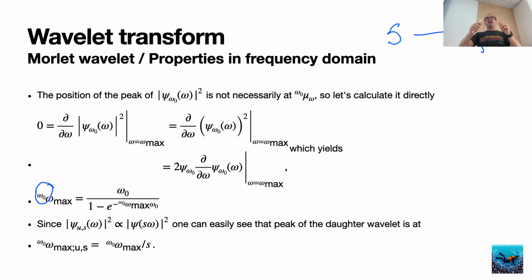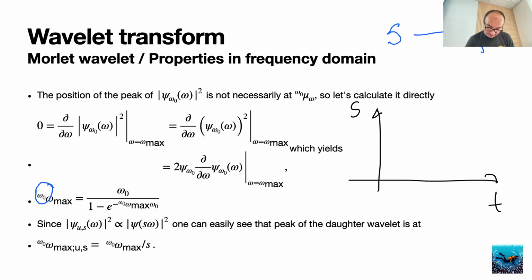And if I take the red wavelet, just to draw it, let's draw it like this. If this is time and this is scale or frequency, if I use the red wavelet on scale 10, there will be frequency, I don't know, 5.